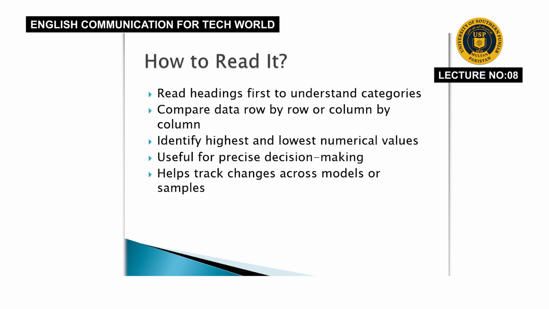Look for the highest and the lowest values to understand the extremes. Tables are useful when you need to compare product models, test results, budget items, performance metrics. So, as tables show precise data, they allow for better decision making in a technical environment.